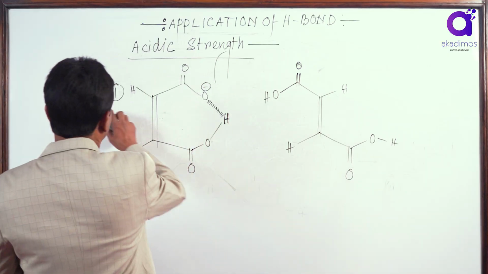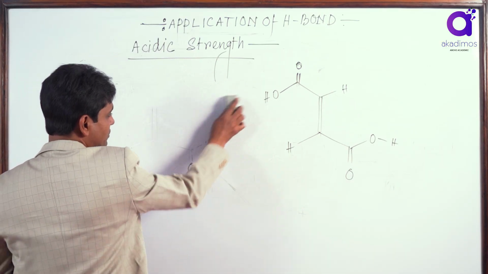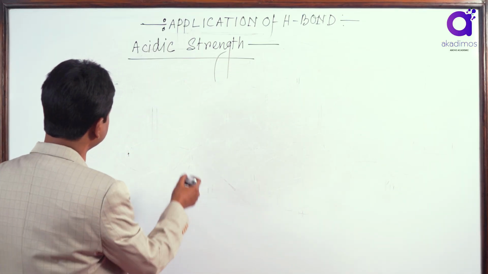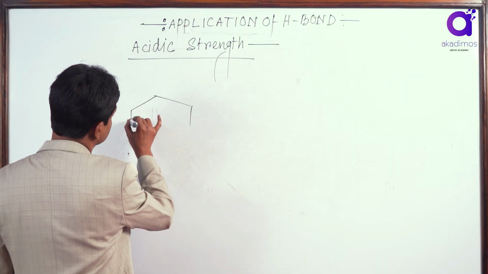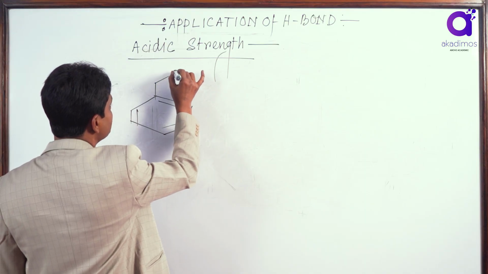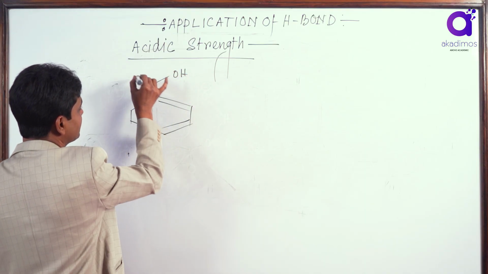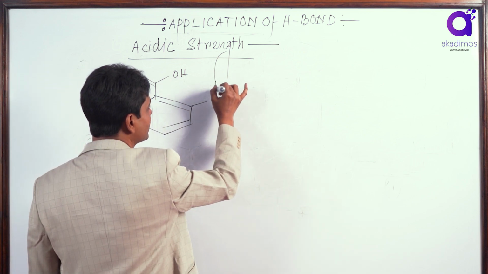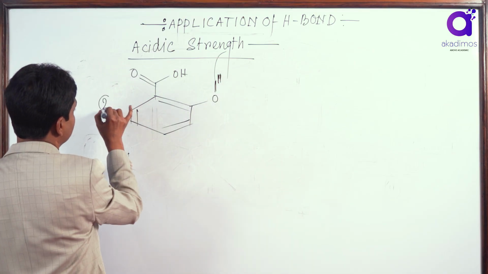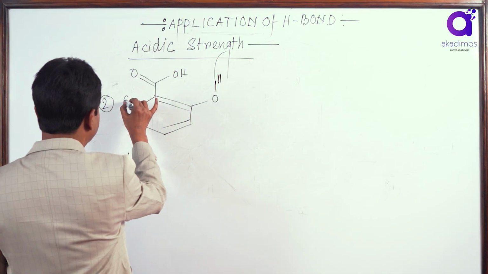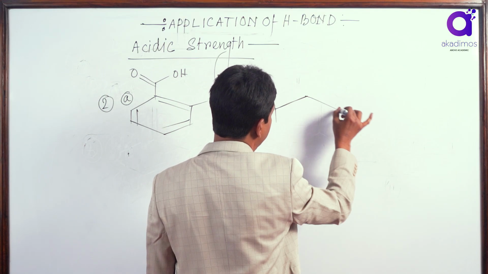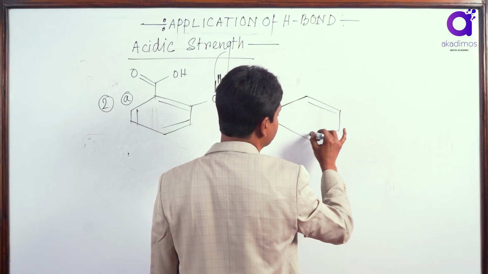Next example, also regarding the acidic strength. See, if I take this salicylic acid, ortho-hydroxybenzoic acid, a carboxylic acid with OH group at the ortho position. Second example, let me say, put OH at meta, a hydroxybenzoic acid derivative.